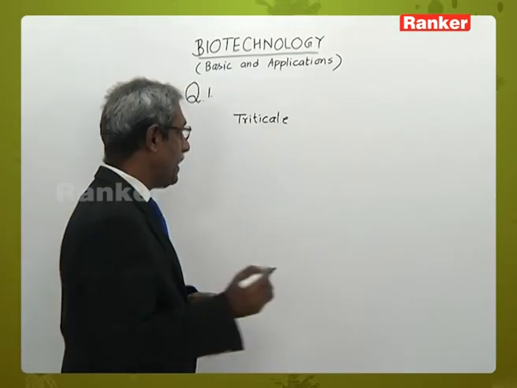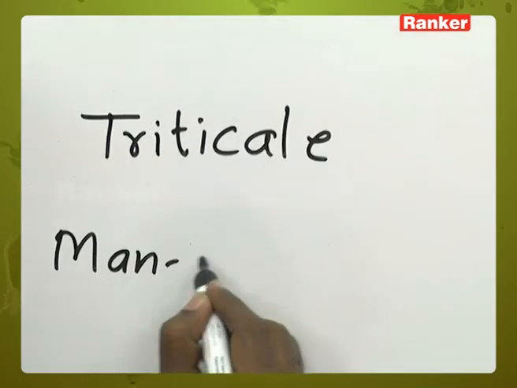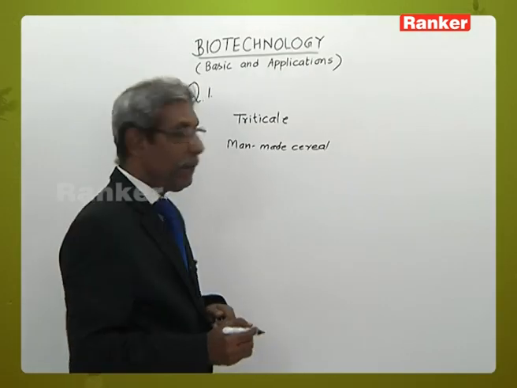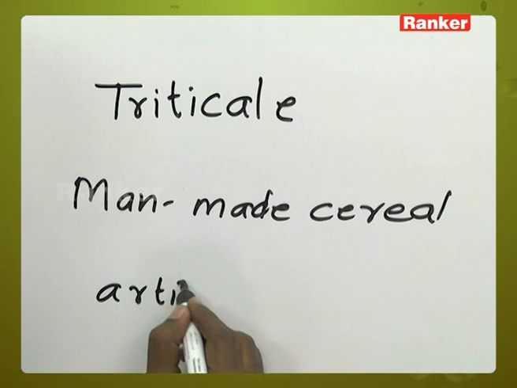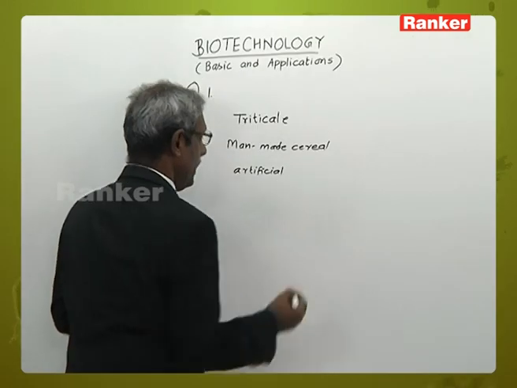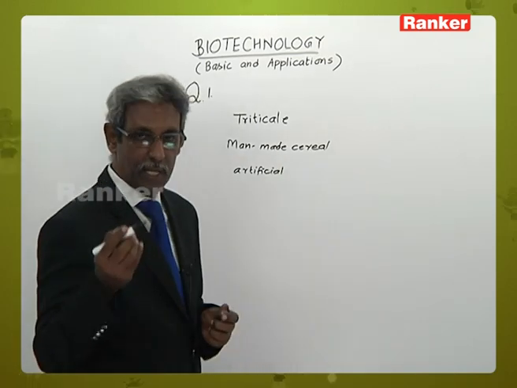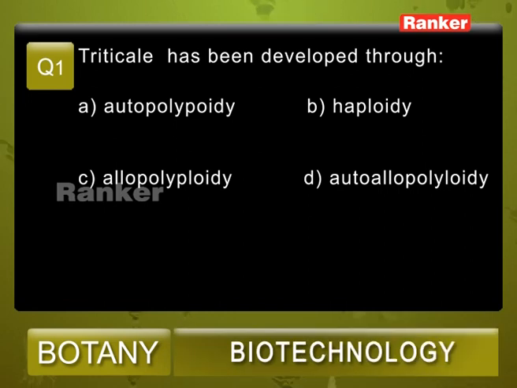Now, as implied, Triticale is a man-made cereal. So, Triticale is an artificially constituted plant, and Triticale is derived through, the options are: A, polyploidy, that is a single plant with increased chromosome number; B, haploidy, n number of chromosomes; C, allopolyploidy, where you have to cross two different plants whose genetic constitutions are very different; and the fourth choice is autopolyploidy, that is both selfing as well as crossing with different plants.